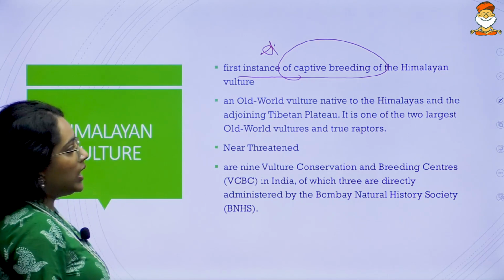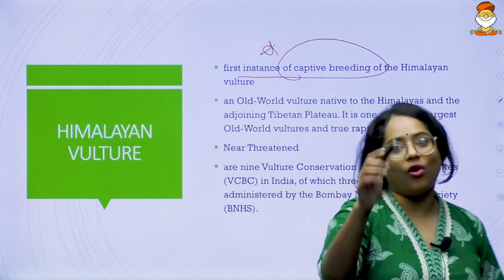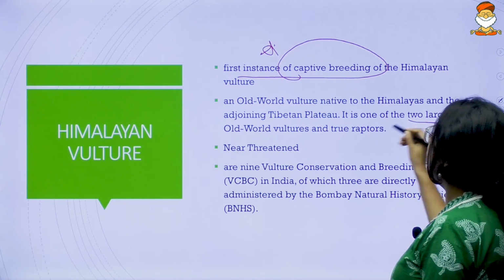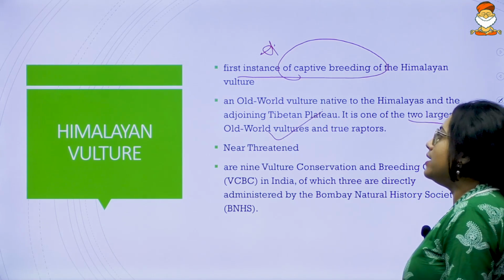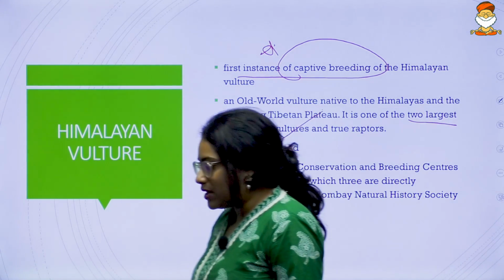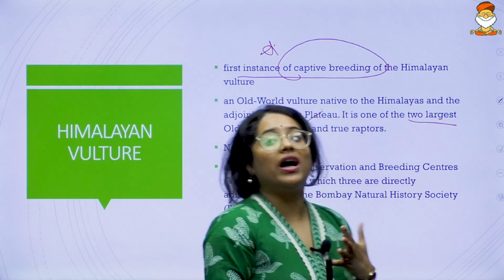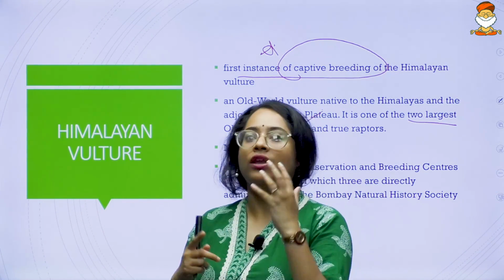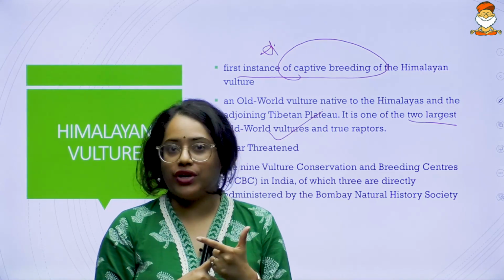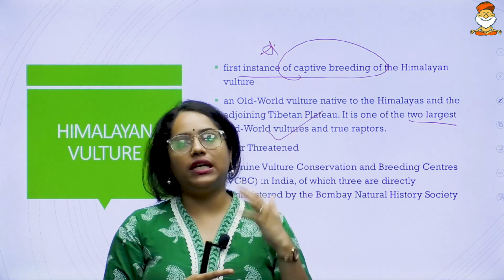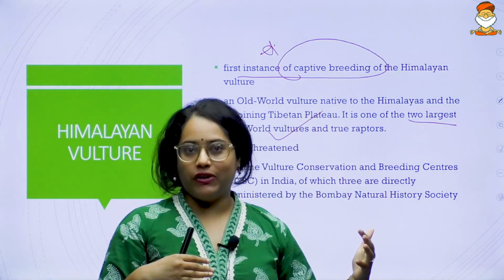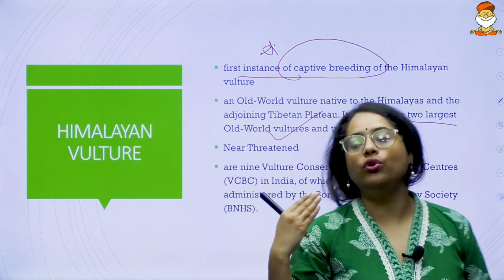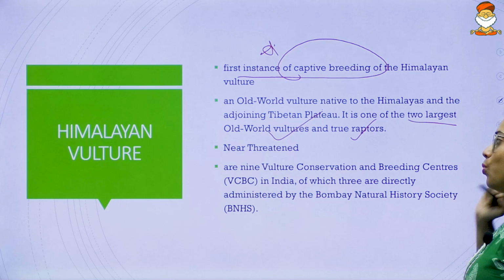You see the Himalayan vulture in the Himalayan region, and it's one of the only two large Old World vultures. Old World vultures are those species that used to occur in Europe, Asia and Africa. Geologically, they would have been much earlier, and the Himalayan vulture happens to be one of the two largest Old World vultures.